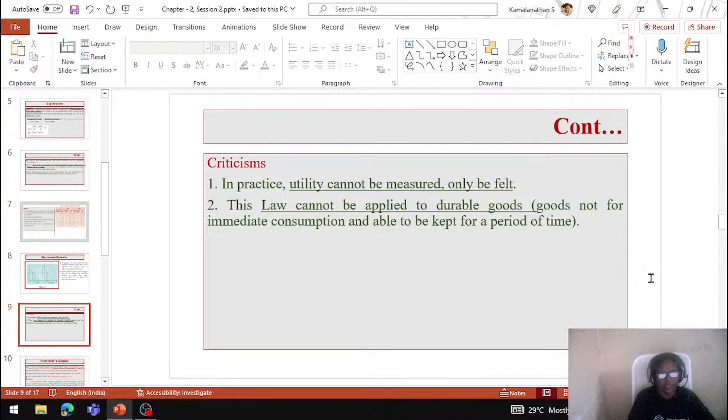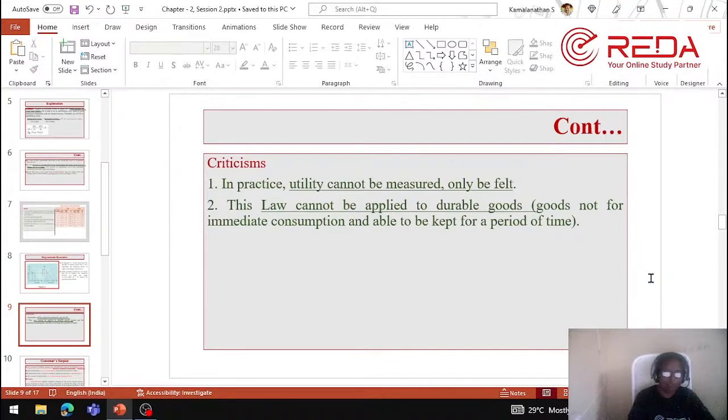The second criticism is that this law cannot be applicable to durable goods. Maybe for the consumption of immediate goods this law can be applied, but it is not good for commodities which can be kept for a longer period.